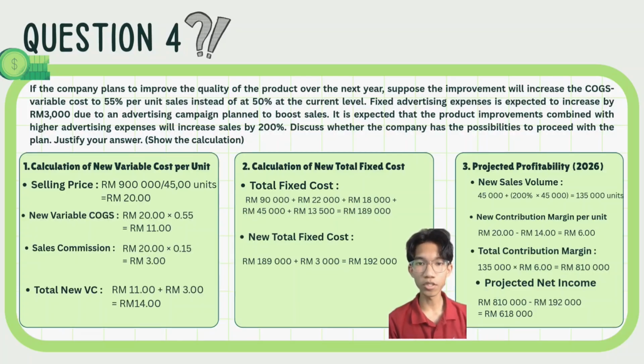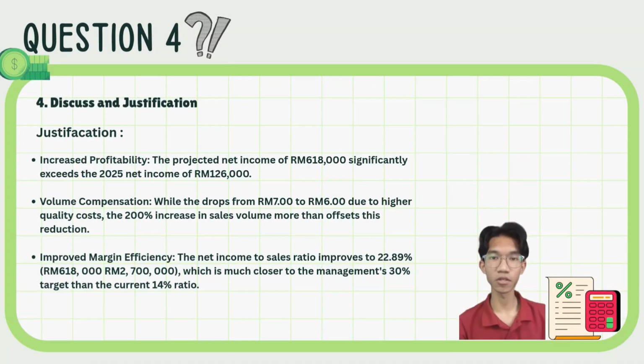So the total contribution margin is 135,000 multiplied by 6, we got 810,000 ringgit Malaysia. So the project net income is 810,000 minus 192,000 equals 618,000 ringgit Malaysia.